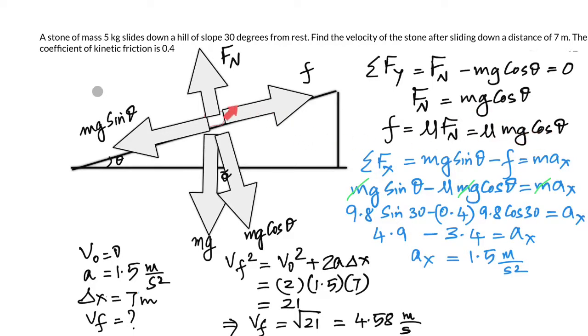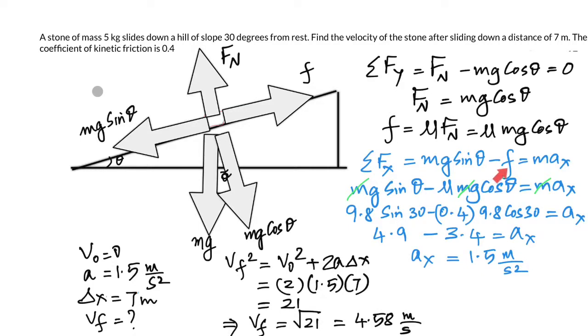Next, when we consider the forces along the x-axis, we have mg sine theta acting down, friction acting up. So the net force is mg sine theta minus friction is equal to mass times acceleration, which gives mg sine theta minus friction is actually this whole thing.